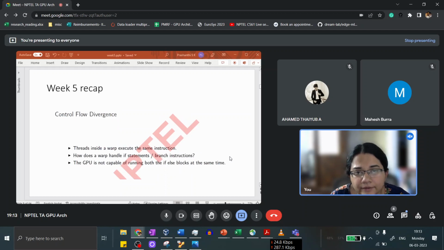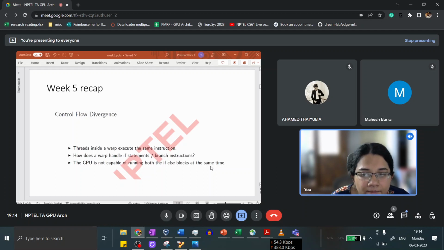Okay, coming to control flow divergence. Typically we said threads inside a warp execute the same instruction. But what if there is an if statement or a branch instruction, which means that a certain number of threads should execute one thing while other threads execute something else? This is called control flow divergence. You cannot run both of these at the same time.